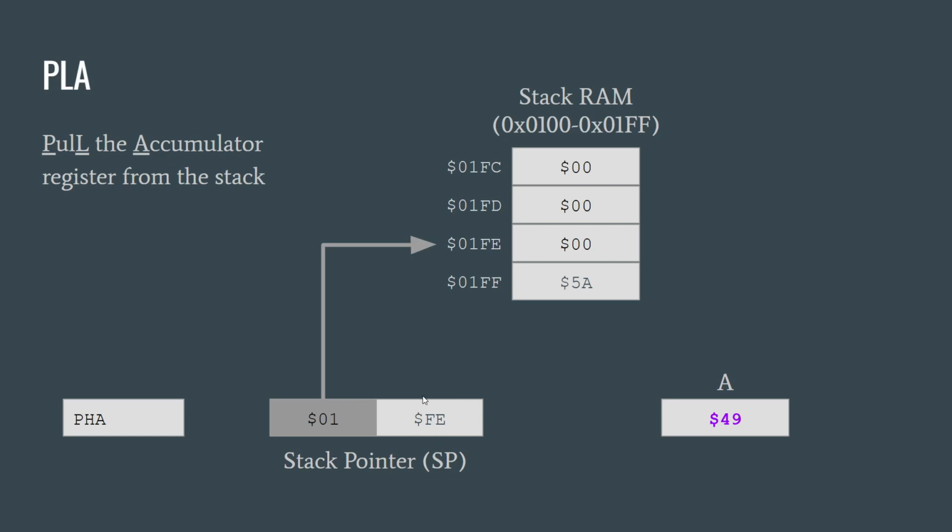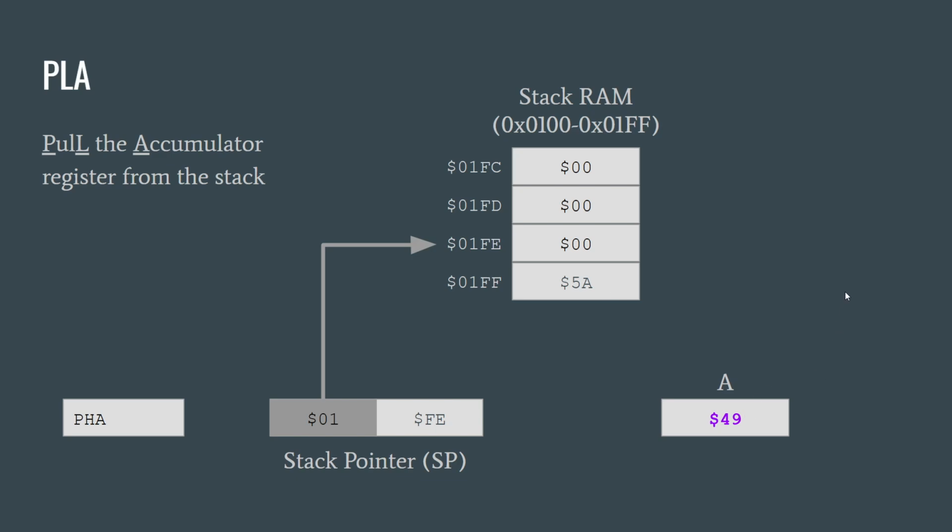The stack pointer is pointing to 1FE, and we have our prior value that we wrote into the stack, 5A, still sitting there happily. The accumulator value has changed, though, probably as a result of some other operations that you were doing that caused you to want to save your previous A value, and now you want to get that back.